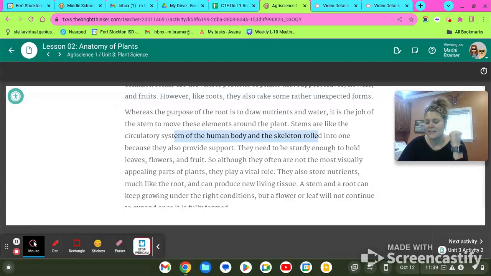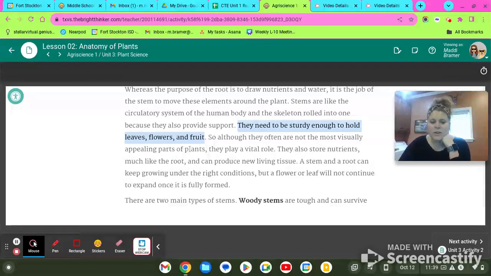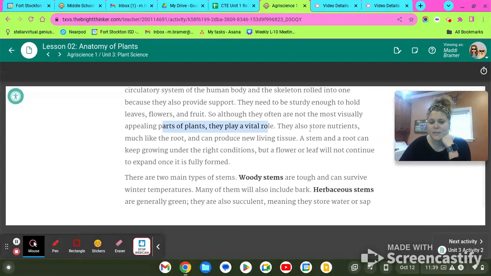They are what gets that water and food from the roots to the fruit of that plant or to the leaves or to the flowers. So they've got to be really sturdy to hold leaves, flowers, and fruit. Although they often are not visually appealing parts, they're a really vital role. They store nutrients and they can produce new living tissue. So buds can come off of that stem.